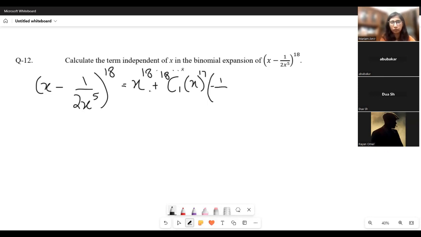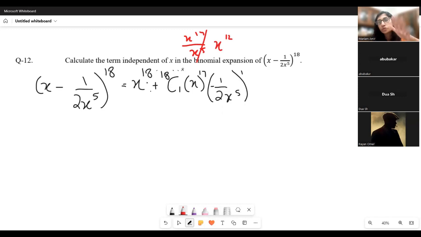Second term is (minus 1 over 2x power 5) power 1. Is this term independent of x? What's the power of x here? Numerator is x power 17. Denominator is x power 5. So yes, it's x power 12. So no, it's not independent of x.